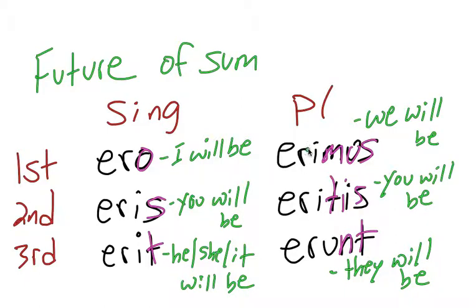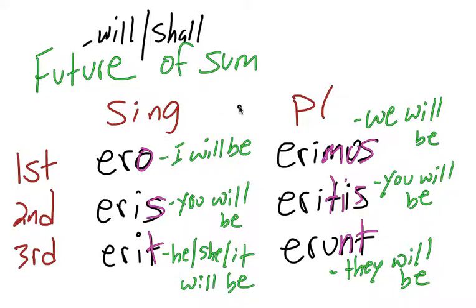Remember that you can use shall for future tense as well, so future can be will or shall. We tend not to use shall that much in modern colloquial English, but it's just as acceptable as a future tense form.